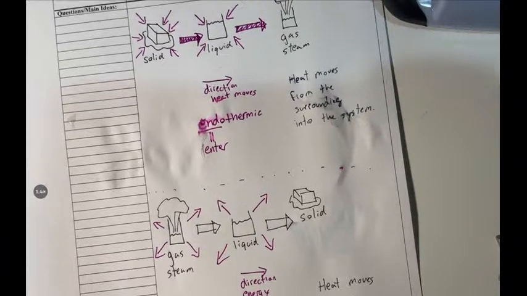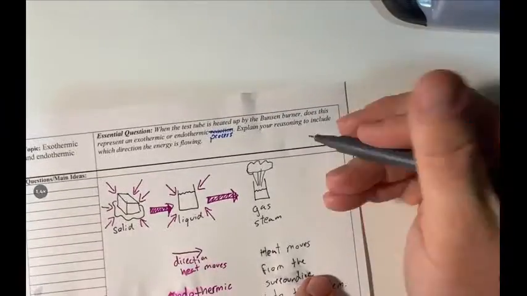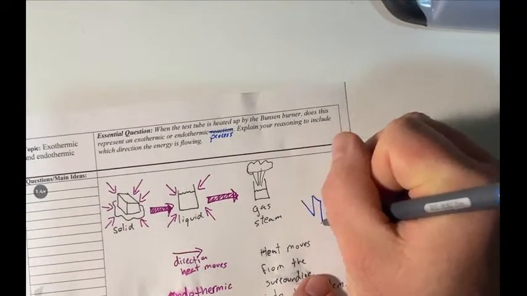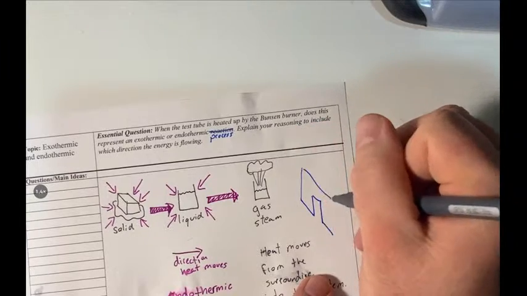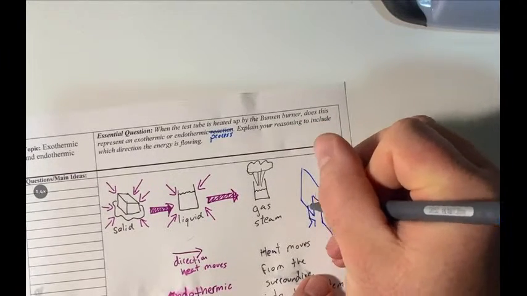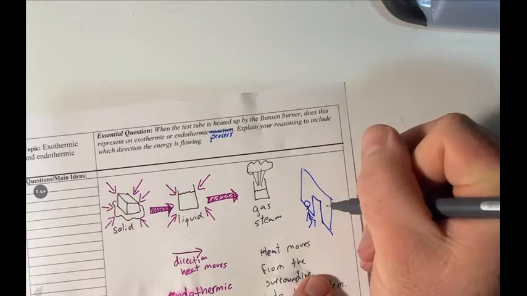So I'm going to go back to endothermic, and I'm going to draw a little doorway like this. Pretend it's a big old wall, whatever. Now I'm entering the doorway.